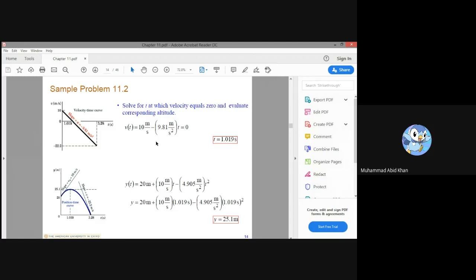The question says we need to find the time, so here we find the time. The unit is seconds, because sometimes a question is given in minutes, but here it is given in seconds, so we follow this in seconds. The same thing as the previous slide is given, we get the values here. That is the simple example.